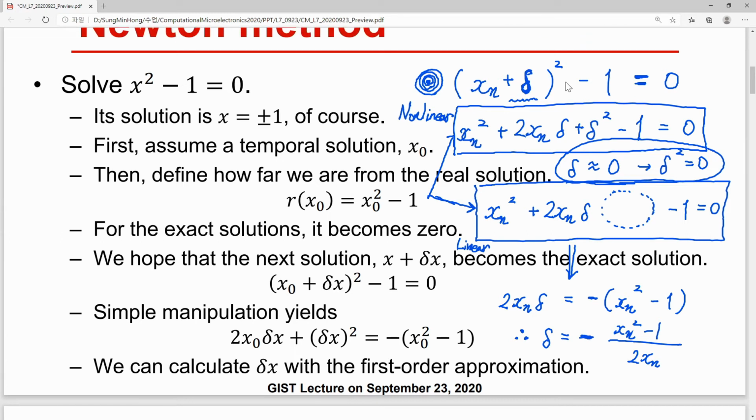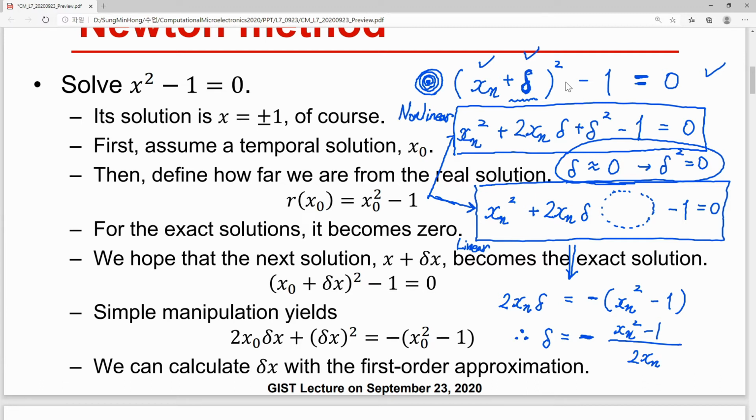Up to now, I'm just showing that when xn, our temporal solution, is not successful, by adding a small correction, we assert that this one satisfies the equation.